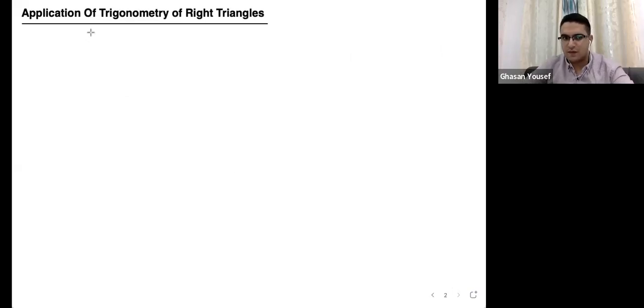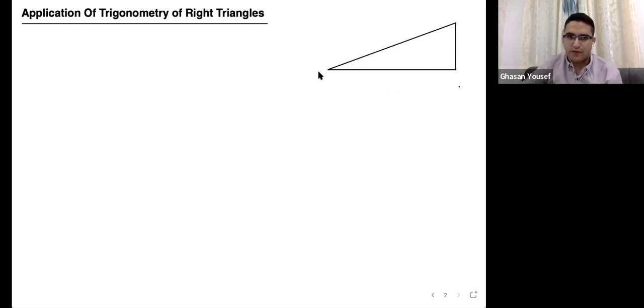Any right triangle has 3 sides. Here is the right triangle. This right triangle has 3 sides, and in the same way it has 3 angles. So the application of trigonometry to right triangles means we should know the measure of these 3 angles, and also the length of these 3 sides.